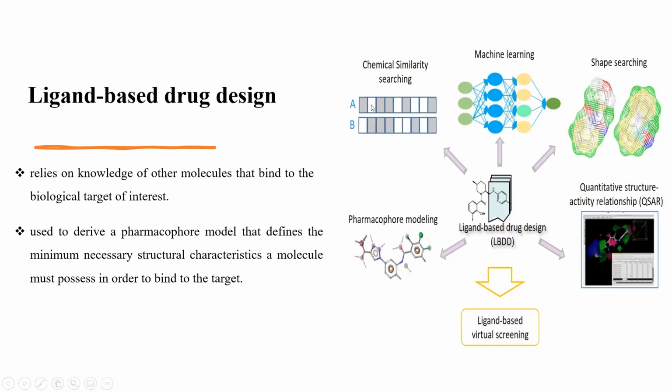If A is our Tylenol and B is another drug that has a therapeutic effect to cure headache, for example, by the time you put this in this algorithm, there are similarity search algorithms that will give you compounds that are similar in structure.